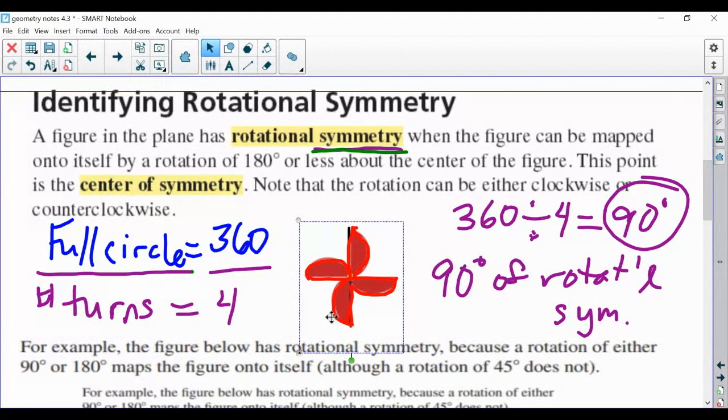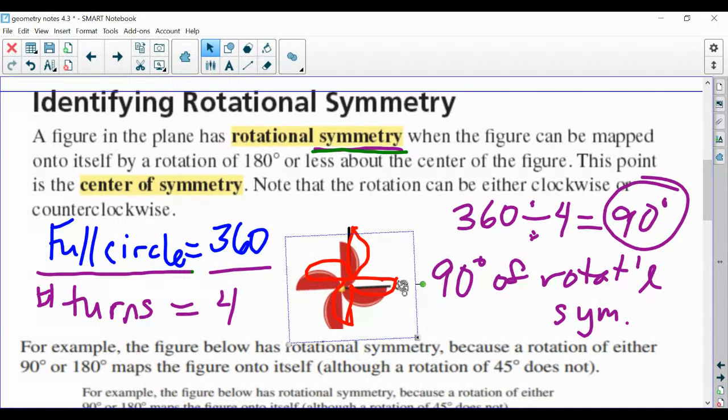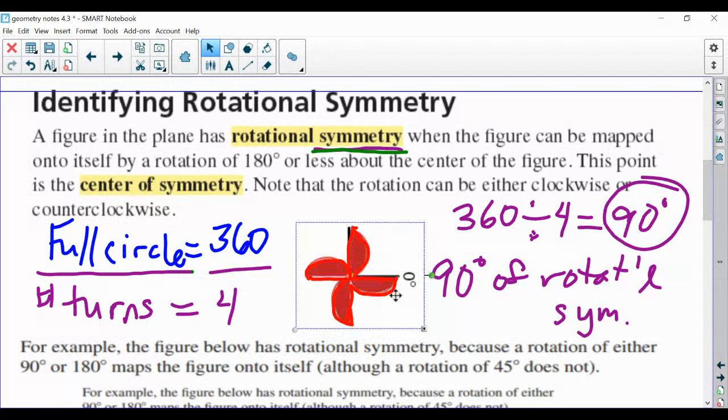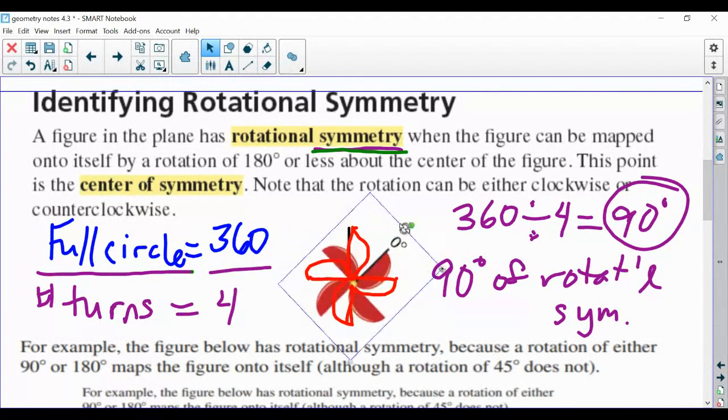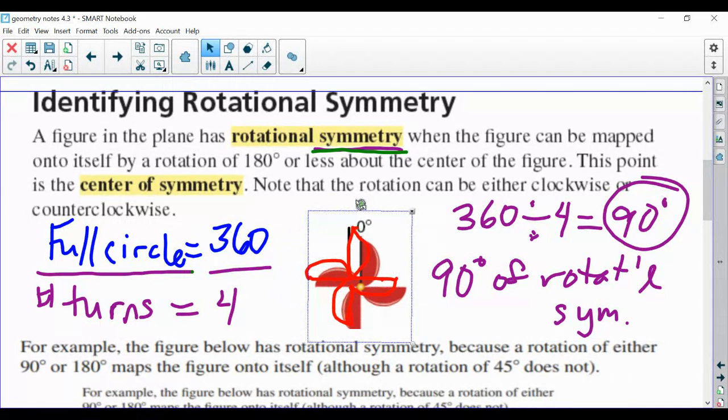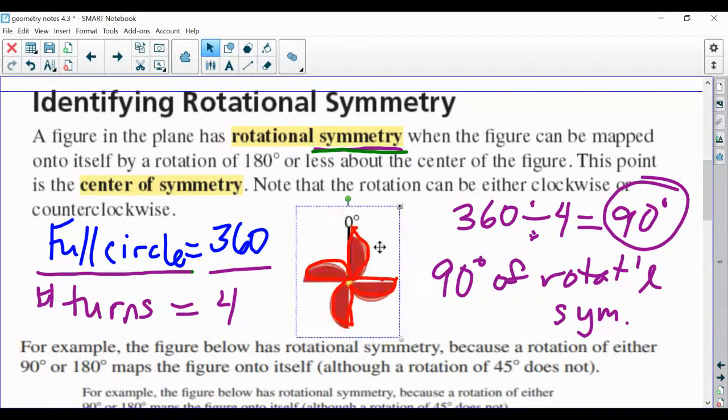In this position, it's the same. So that's two turns. And then now I'm in this position and it's the same, and that's three turns. And then don't stop turning till you get back to your original spot, the 360 degrees. So at 360, that's my fourth turn.